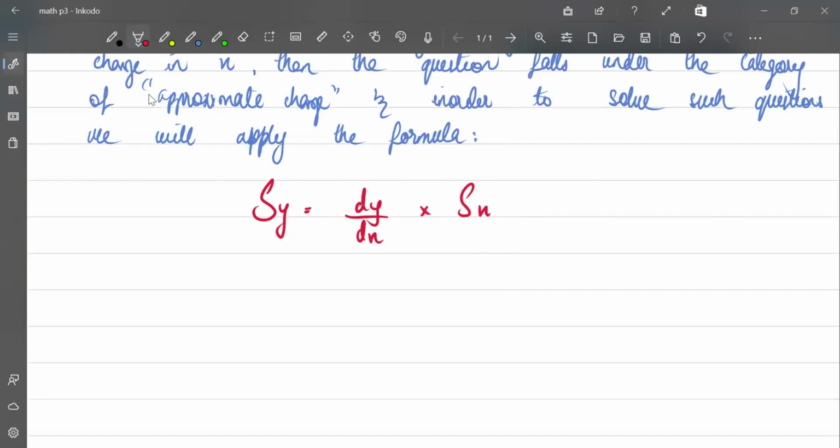Where this δy is small change in y, and δx is small change in x. All right. So we need to apply this formula when encountered with such a situation.